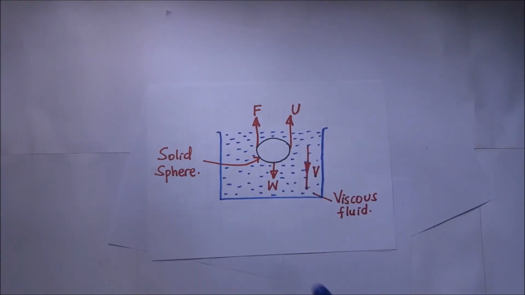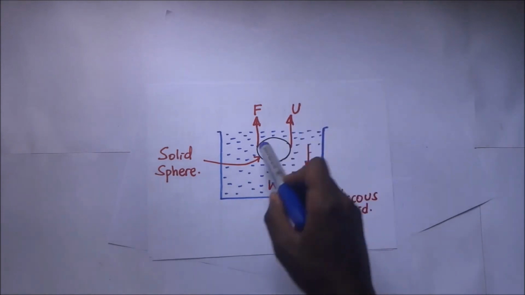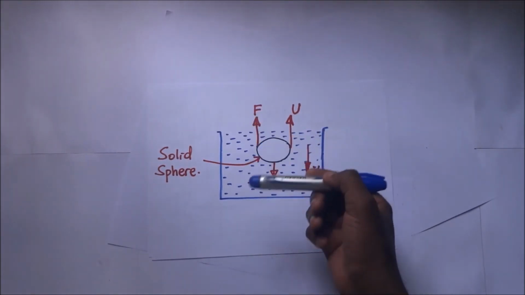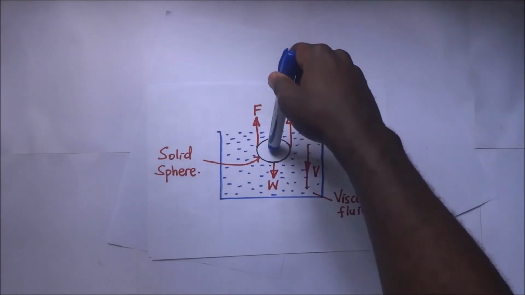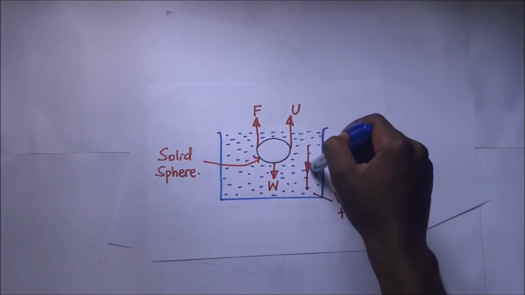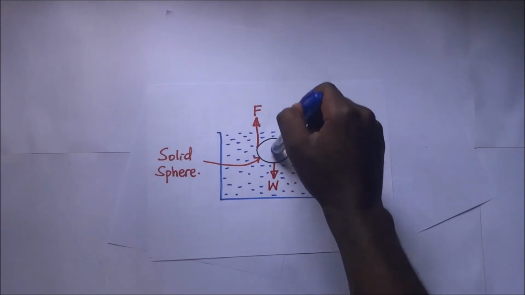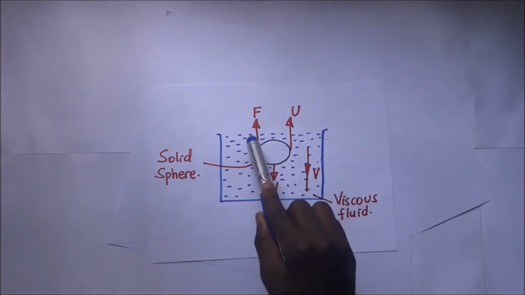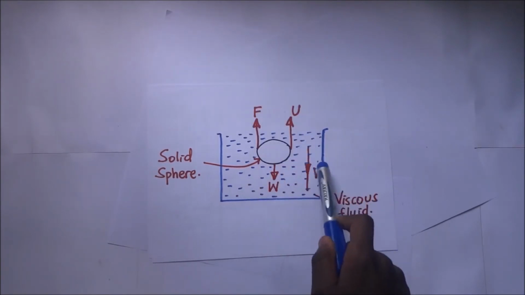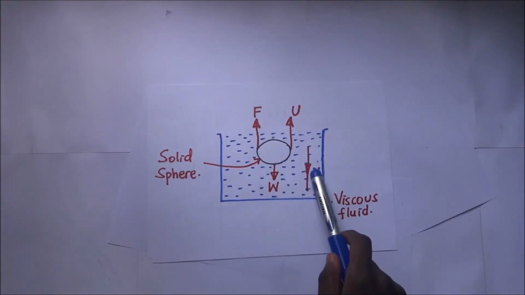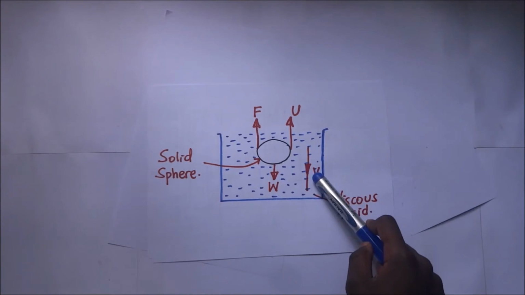That happens because as this sphere continues to go down, the viscous drag keeps increasing. Remember, according to Stokes' law, as the velocity of this thing keeps increasing, the viscous drag also keeps increasing, because the viscous drag F and the velocity are directly proportional according to Stokes. We covered that in the previous session.